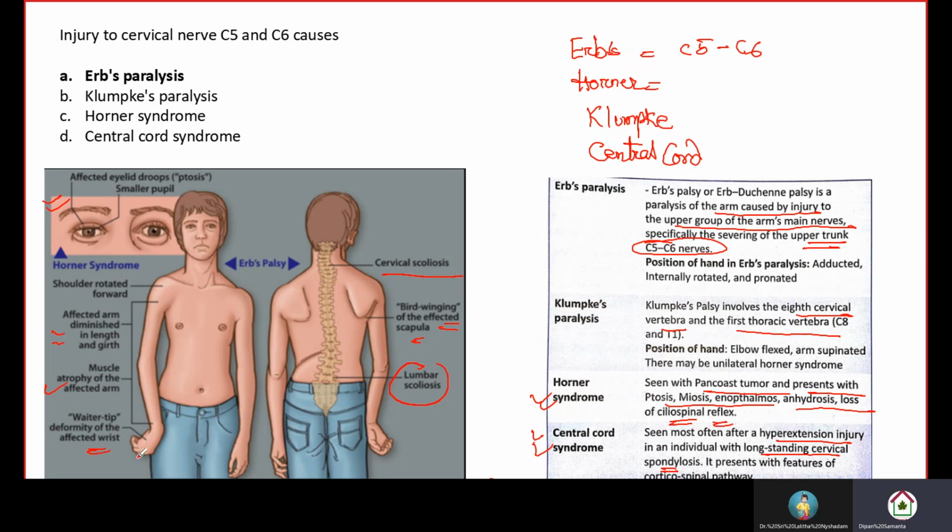So as the C5 and C6 nerves, the upper trunk of the brachial plexus, are affected, the nerves coming out from the C5 and C6 trunk are all affected, and their features are manifested here.